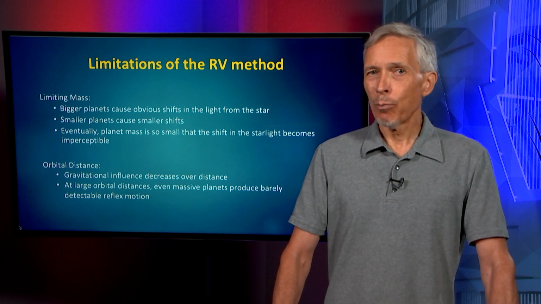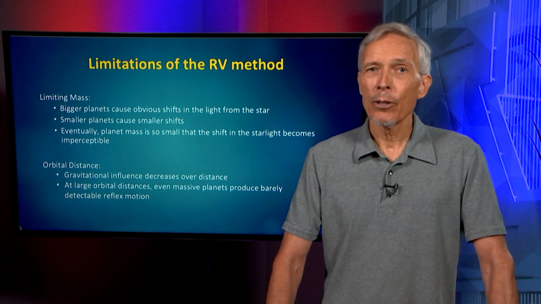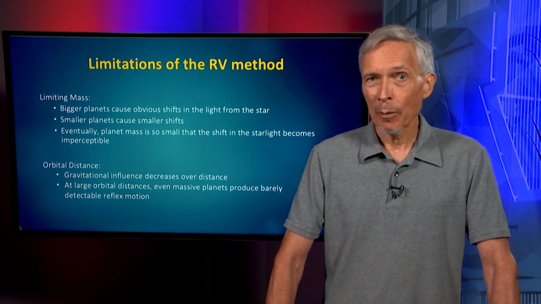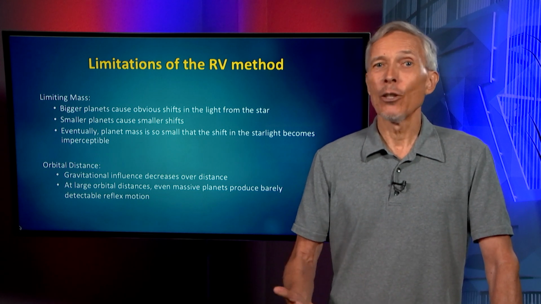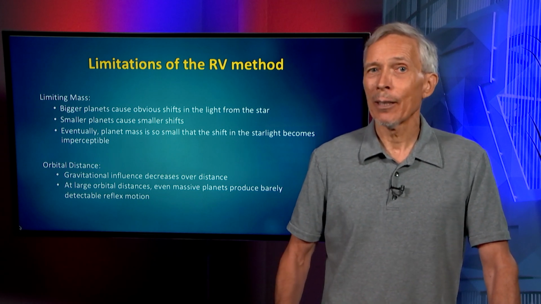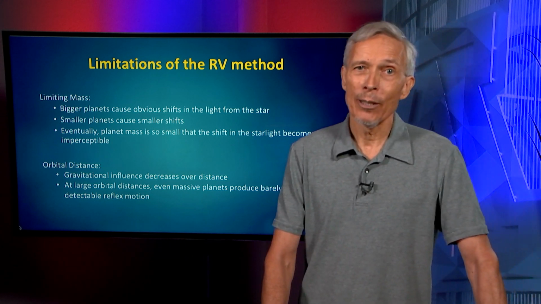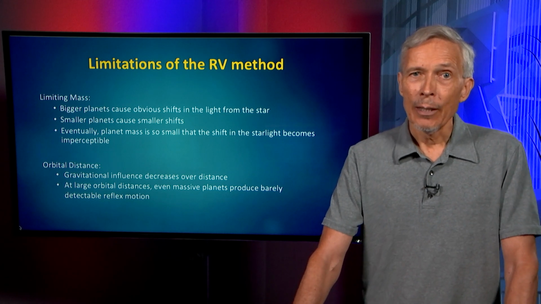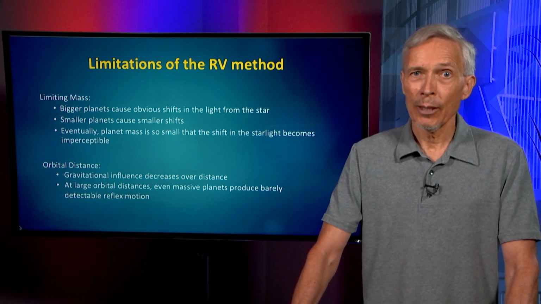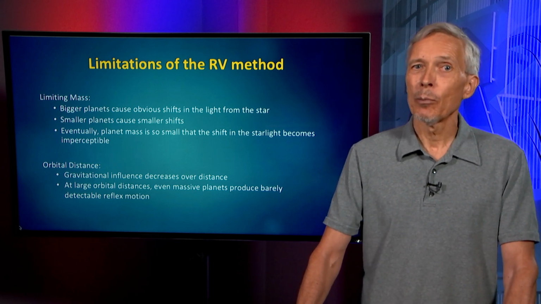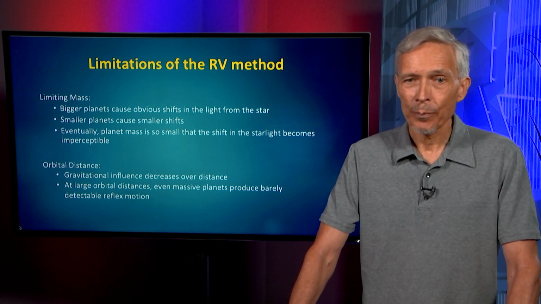So as you push down towards Earth-sized radial velocity effects, you start to run into the noise of actual turbulent motions in the atmosphere of a sun-like star, which is a noise effect that you cannot circumvent because it's fundamental to the way stars work. And so it's expected that there's no clever way to circumvent this limitation. That essentially means we're near the end of the road of what can be done with the radial velocity technique. But it still will be able to pull in masses like the Earth, which is a pretty important benchmark.